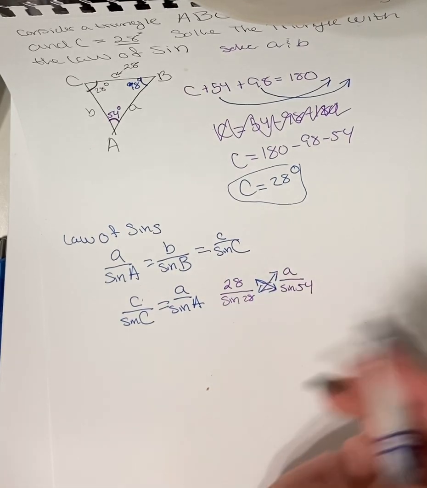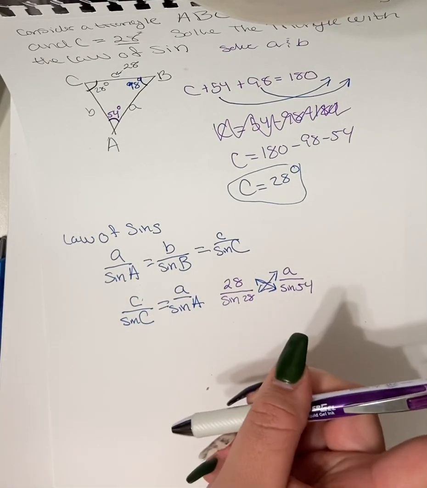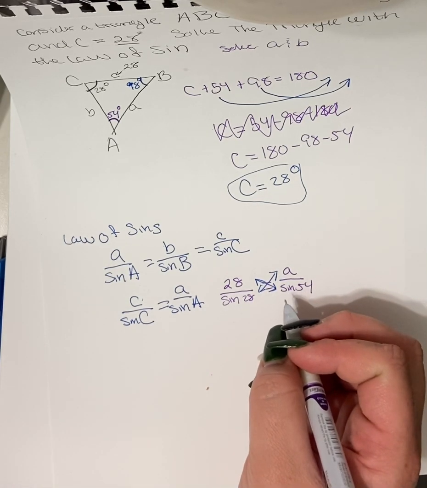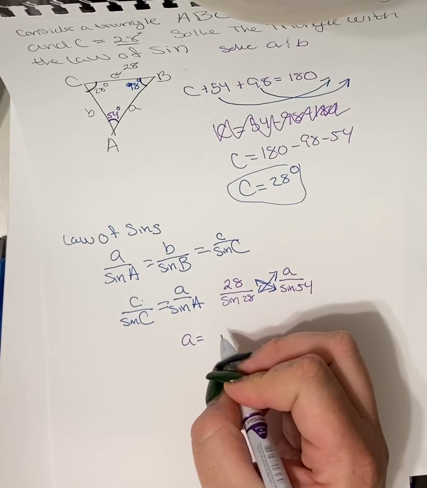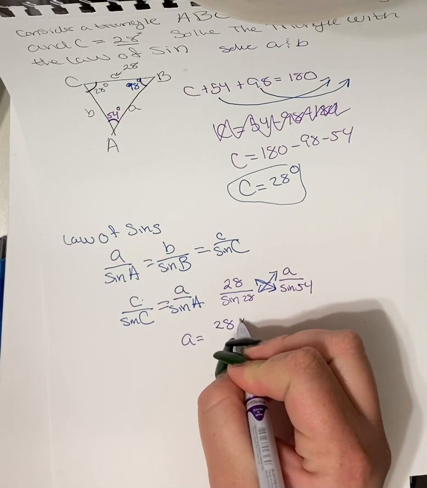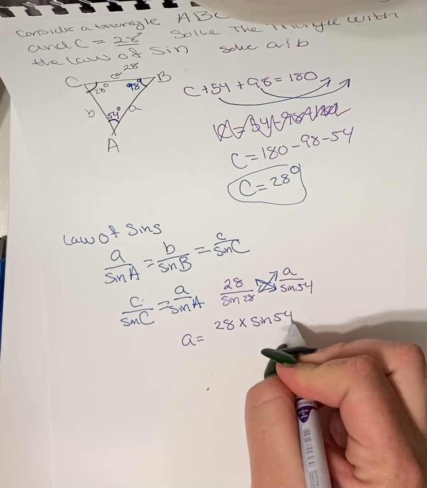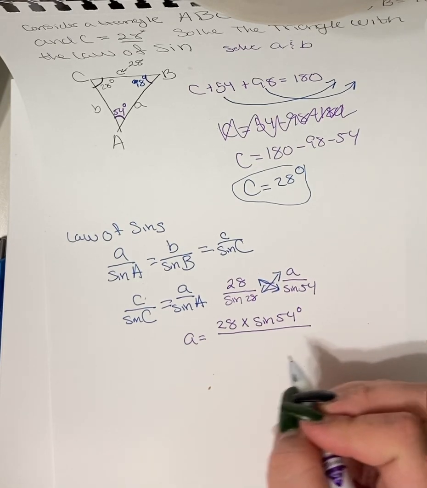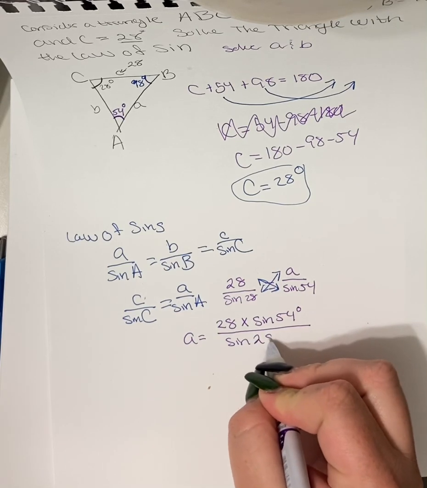Okay? So this is now going to turn into A equals 28 times sin 54 degrees over sin 28.